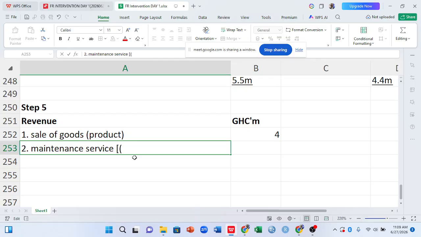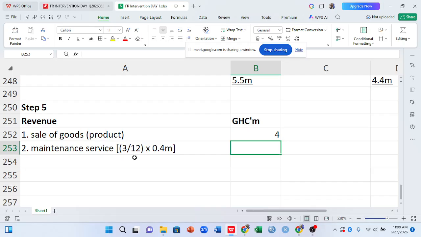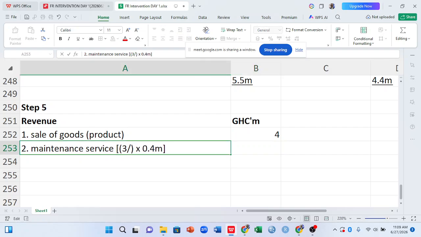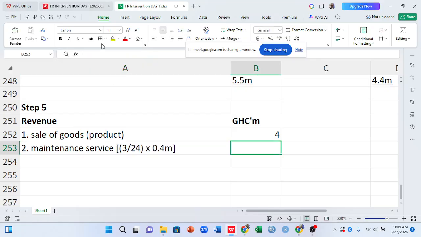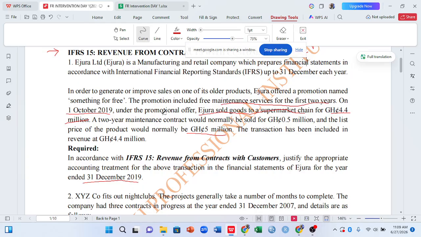So here we can account for the revenue for 3 over 12 times 0.4 million. Is it not 3 out of 24? Sorry, 24, it's 2 years. Thank you for the correction.